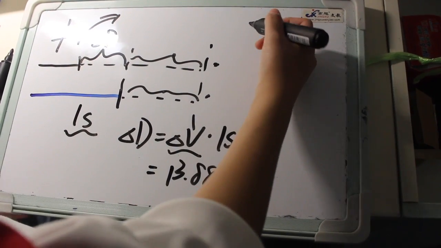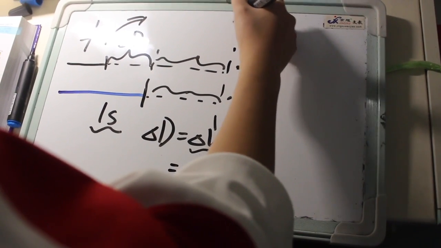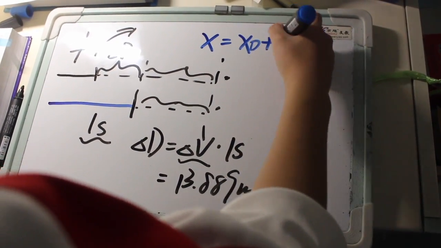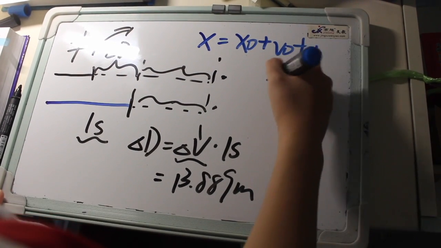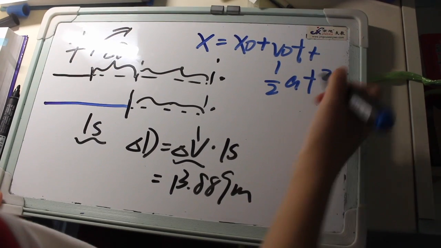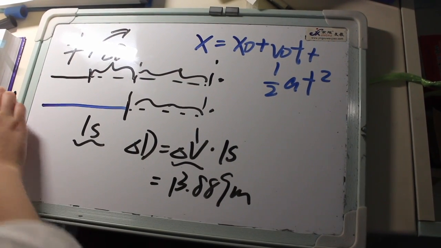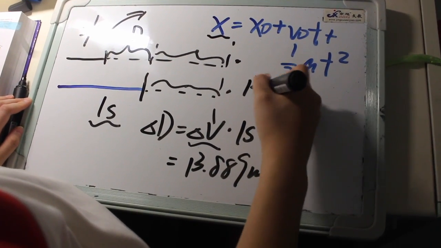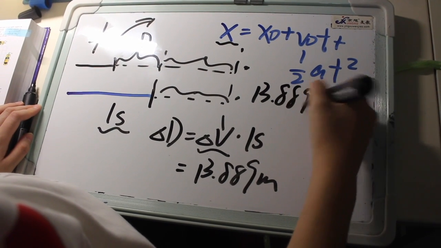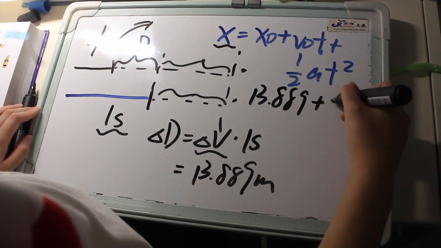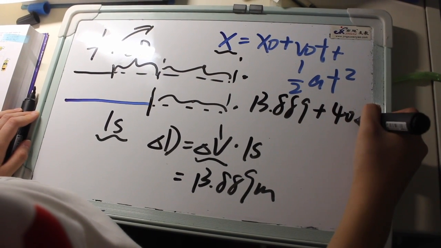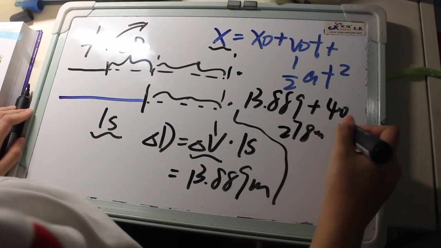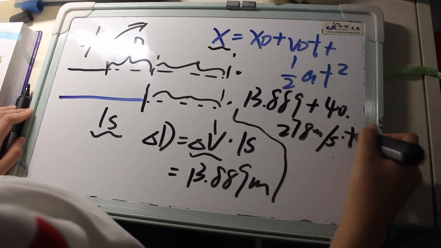So we have the formula we usually use, that is x equals x0 plus v0t plus half at squared. And the x is 13.889 plus the 40.278 meters per second times t.